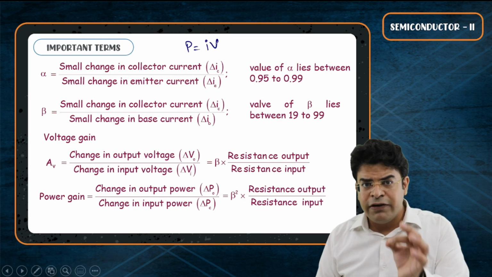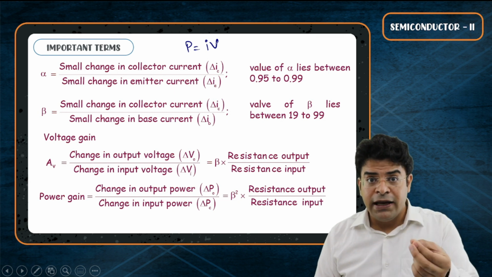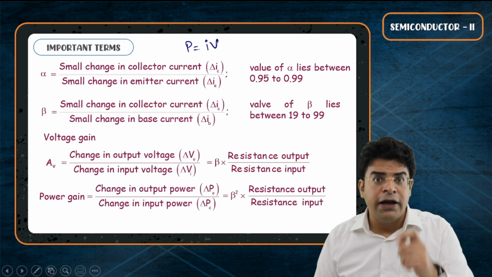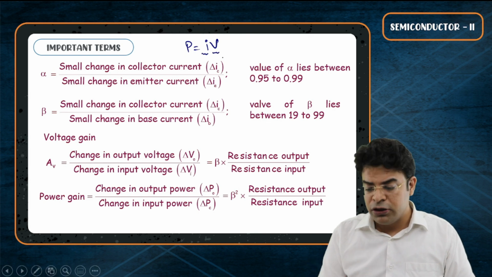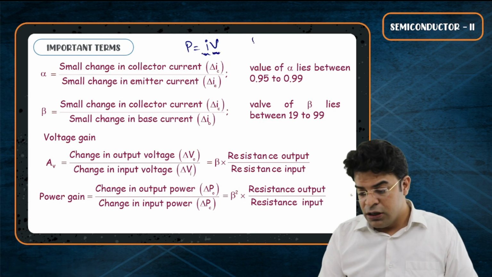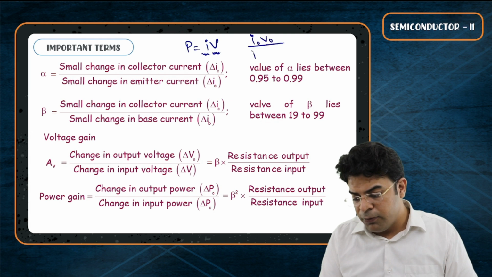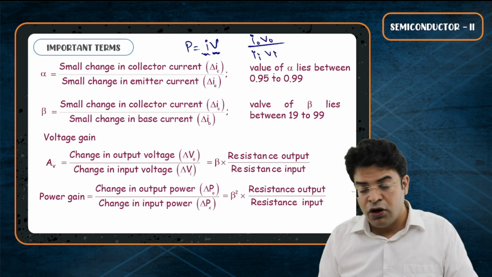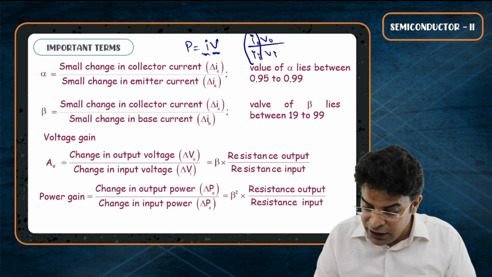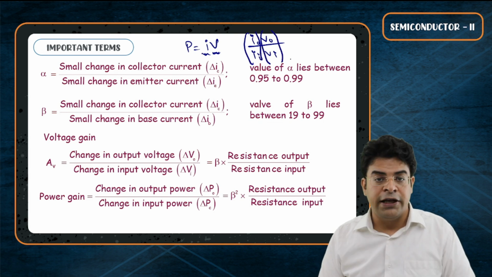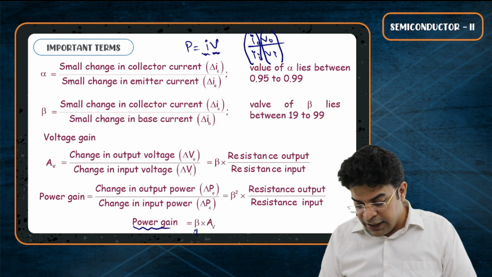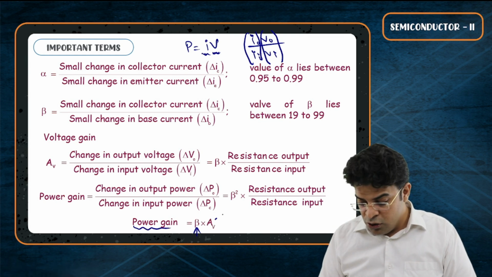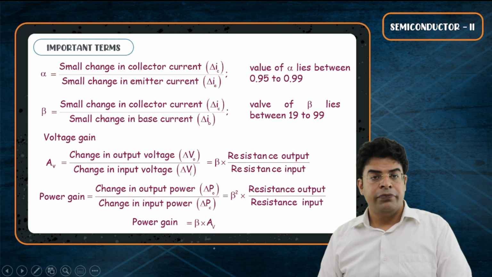So power gain is power output upon power input, and that is the same as current output into potential output upon current input into potential input, which can also be written as current gain into potential gain. So remember that power gain can also be written as current gain beta into voltage gain AV.